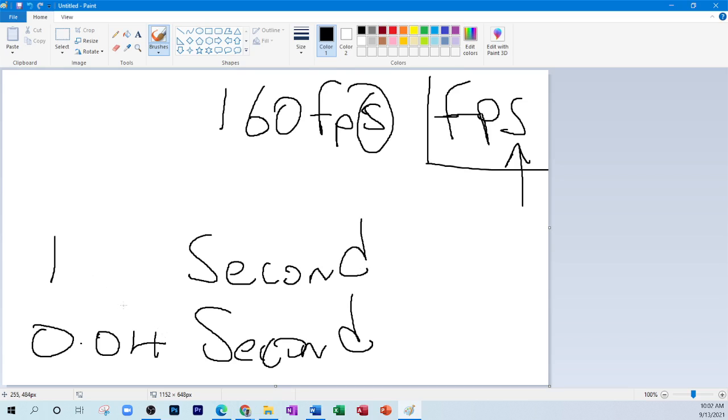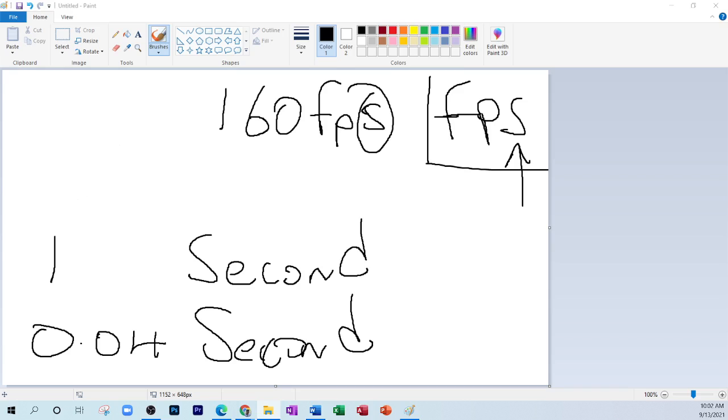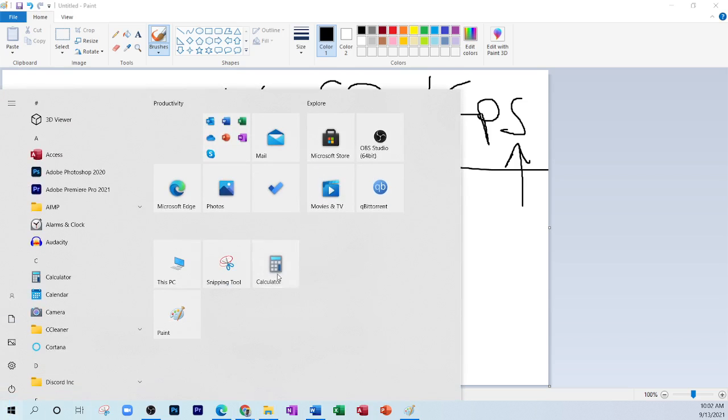So the question is to divide 1 by 0.04. You have a calculator, don't use your head. 25. When I do 0.04 divided by 1, I got 0.04. But I'm going to do 1 divided by 0.04.